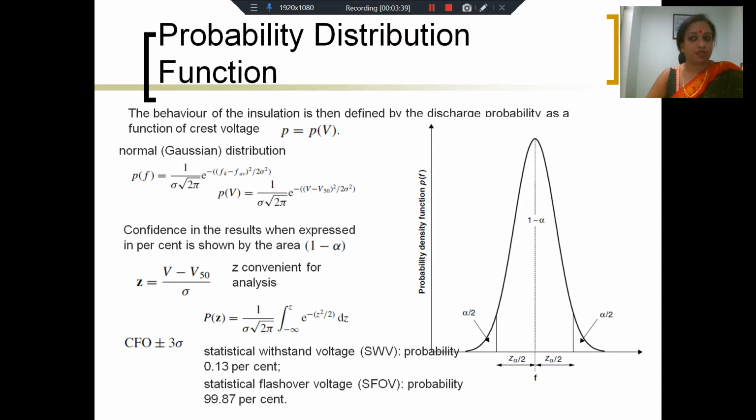V50 is the voltage which has exactly 50% probability of failure. So the value of V for which probability is 50% is called V50. That's the mean value, and sigma is, as before, the standard deviation.